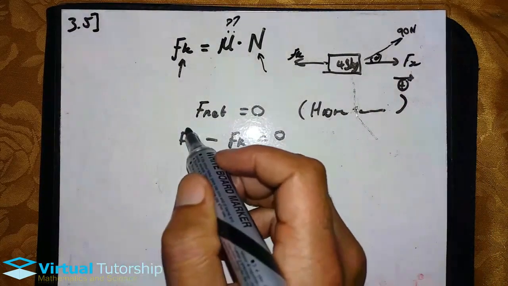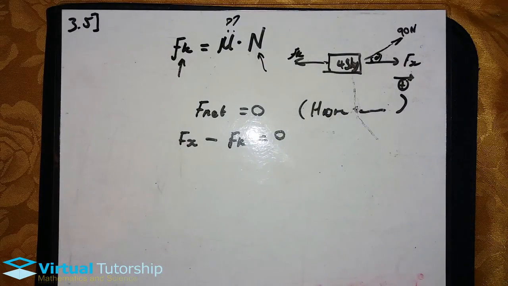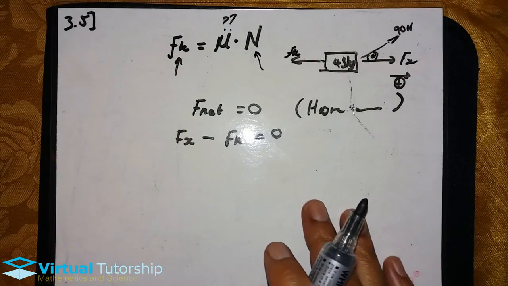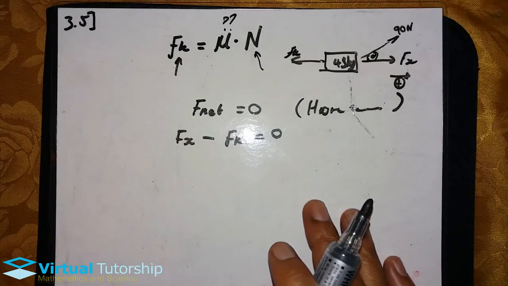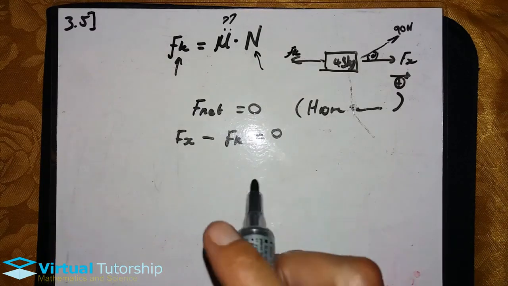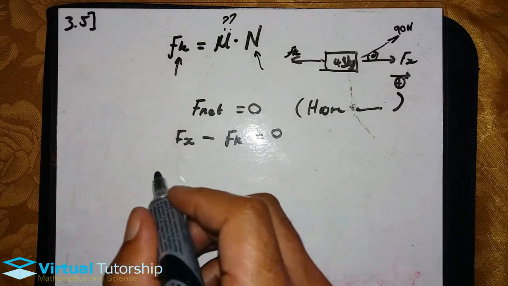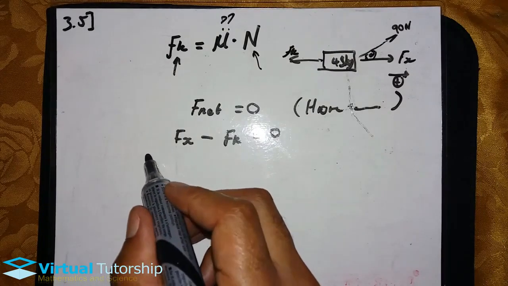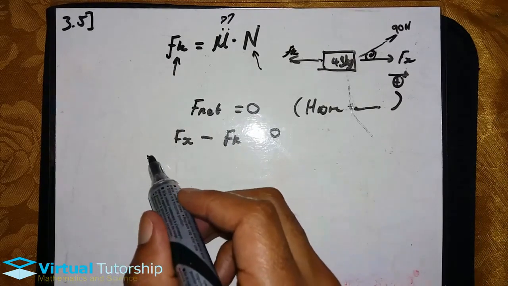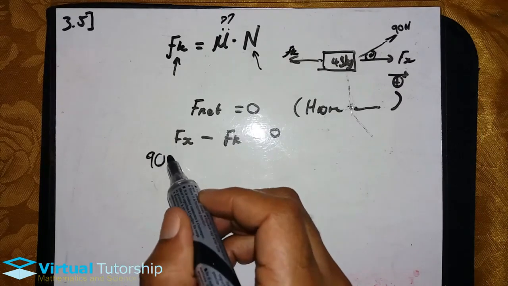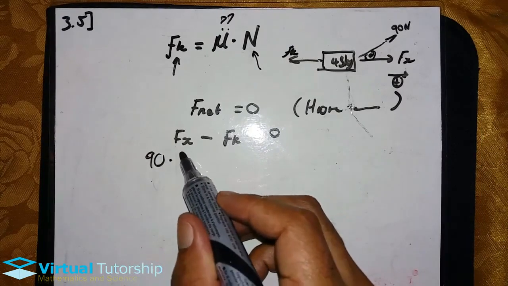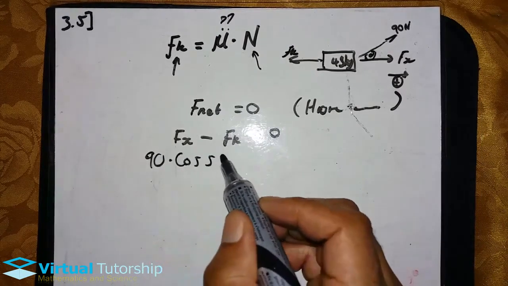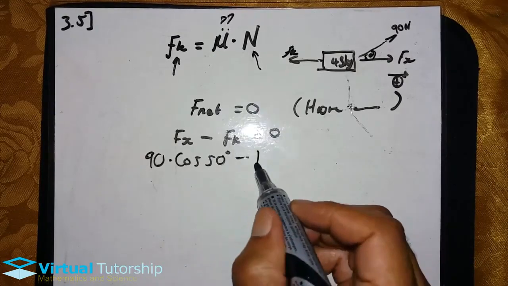Now Fx is what we calculated previously, in question 3.3, the horizontal component of the applied force. Damn it, I no longer remember that value either. But anyway, let's recalculate. So it's going to be 90 times cos 50 degrees minus Fk.